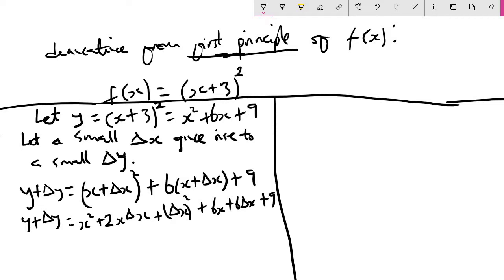Okay? Alright. So is there anything else we can do with this? Not really. Okay. So now, once you have these, you have implemented this, every small change in x gives rise to a small change in y.